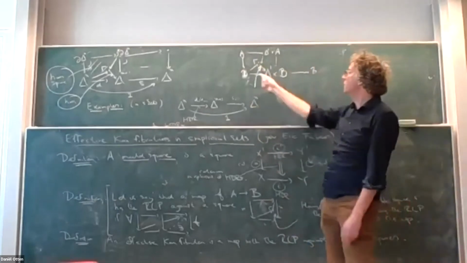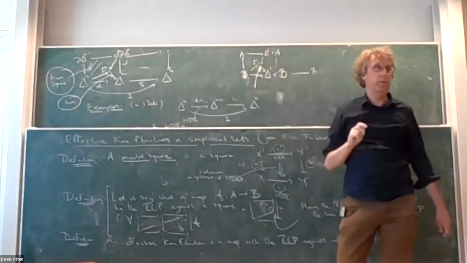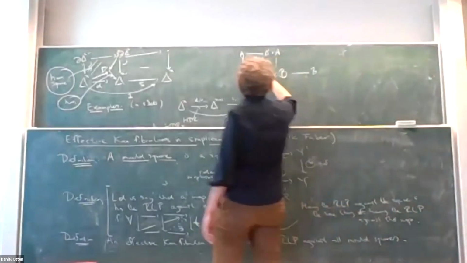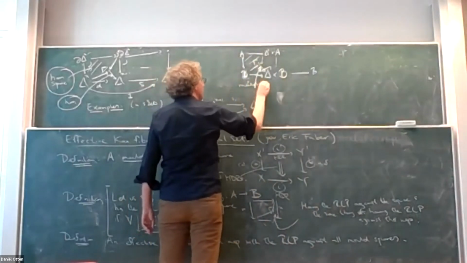That is precisely the pushout product of this cofibration together with the endpoint inclusion. But the important thing is that such a square over here is also an example of a Born square.